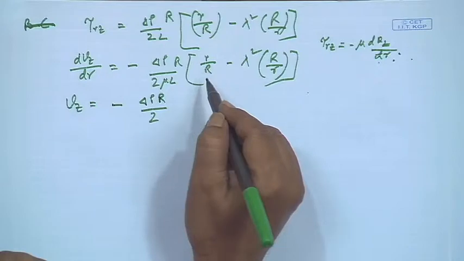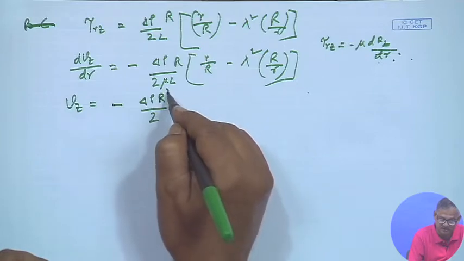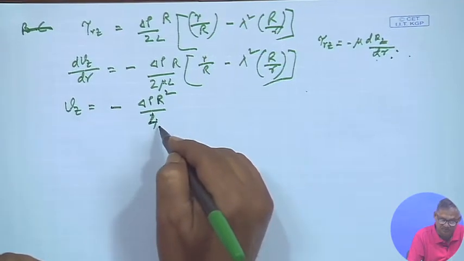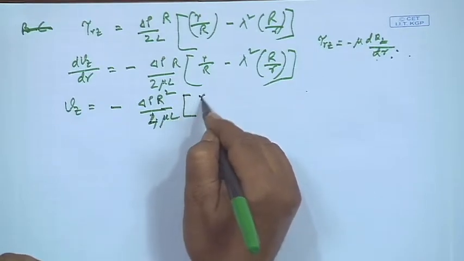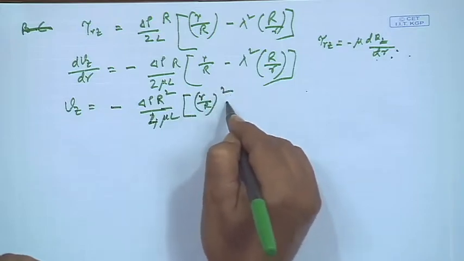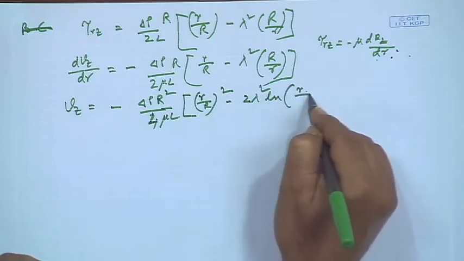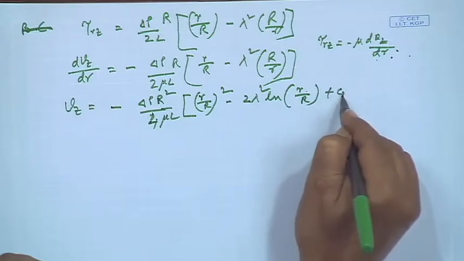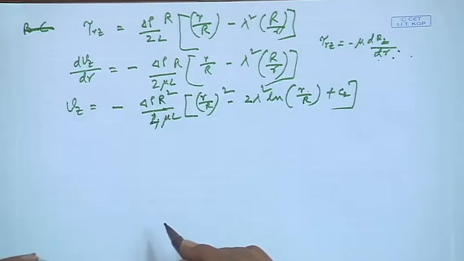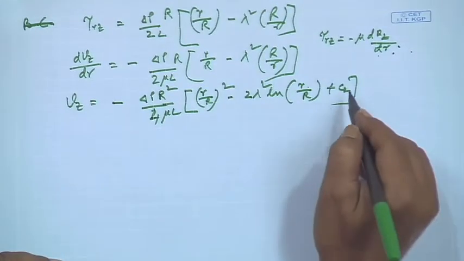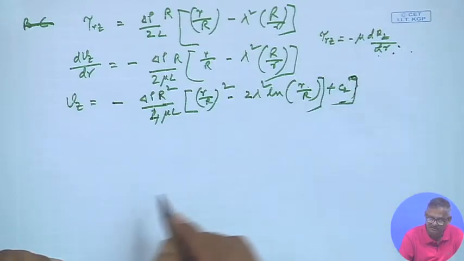If we take r out and rearrange, then we can say this is delta p by 4 mu L times R square, r by R whole square minus 2 lambda square ln r by R, plus C2. Here we can write that this is C2.